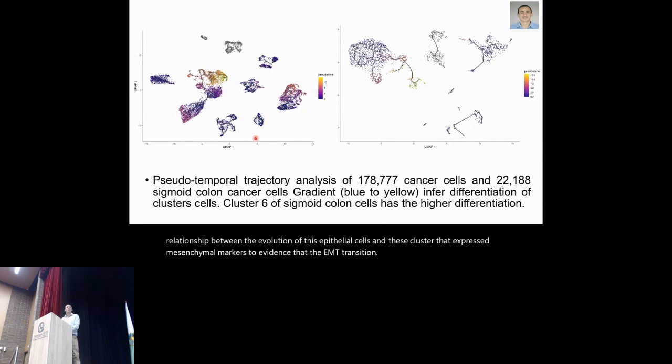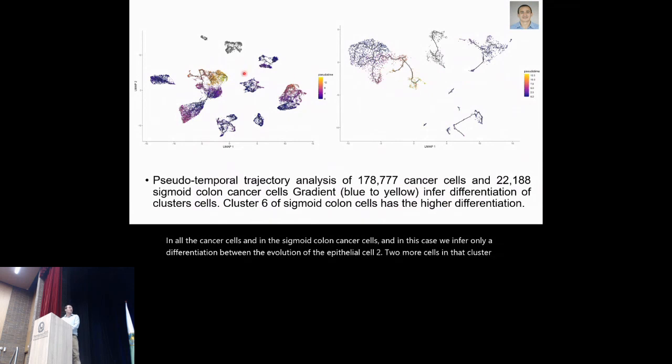In this case, we perform a pseudotemporal trajectory analysis in all the cancer cells and in the sigmoid colon cancer cells. And in this case, we infer a differentiation from the epithelial cells to tumor cells only in the cluster 6.